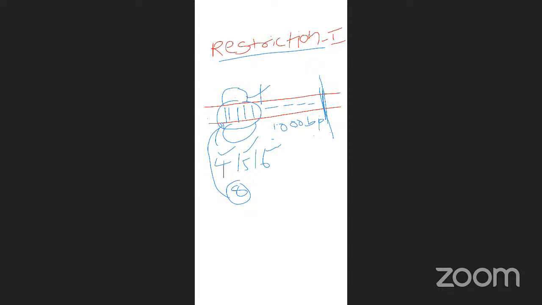This enzyme cannot directly do this activity without other requirements. The cofactor and magnesium ion, and also S-adenosyl methionine, adomet.